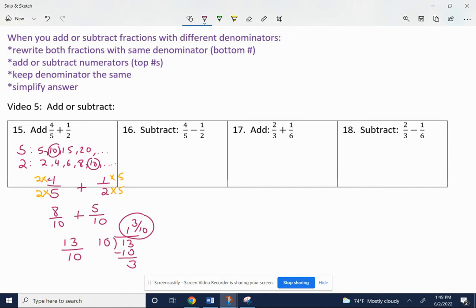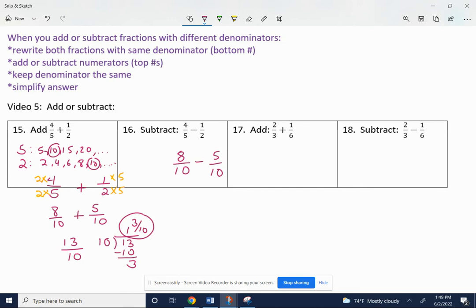The second problem is just like it. It's just a subtract instead of an add problem. It's still the same 4/5 and 1/2. We get the common denominator the same, and we would end up with 8/10 and 5/10, but it would be a subtraction problem: 8/10 minus 5/10.